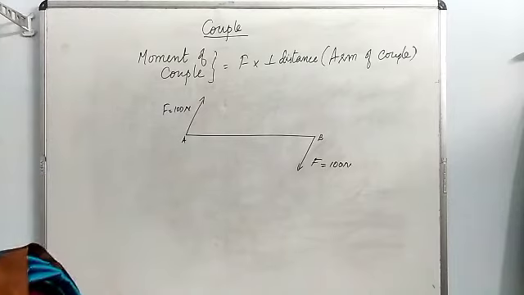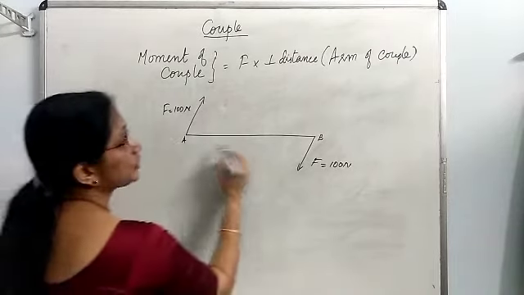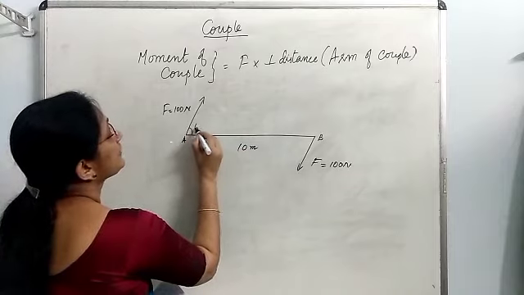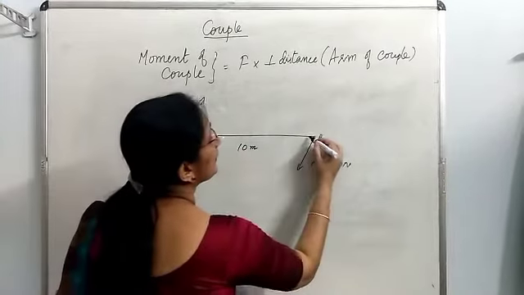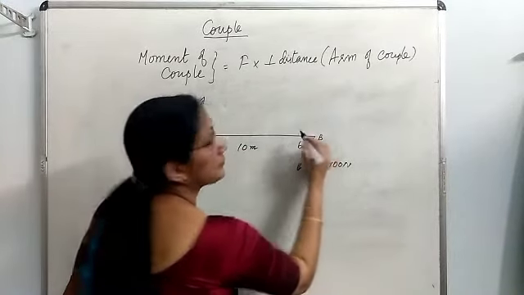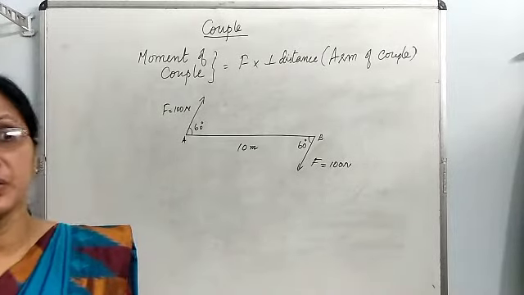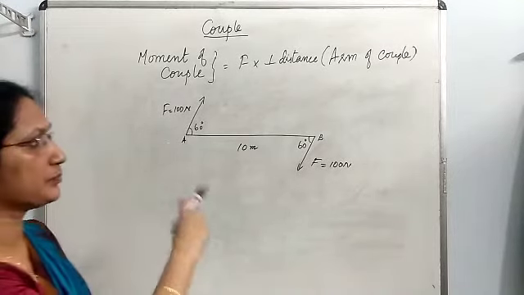Length of the rod is 10 meter. Total length AB is 10 meter, and these forces are acting at a 60-degree angle. You have to find the moment of this couple.